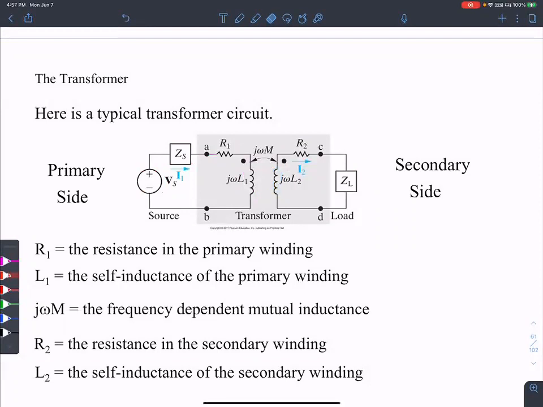R1 is the resistance in the primary. The primary is where you apply the voltage source. Then there is a mutual inductance M, and written in the frequency domain, we have J omega M. Similarly, R2 and L2.